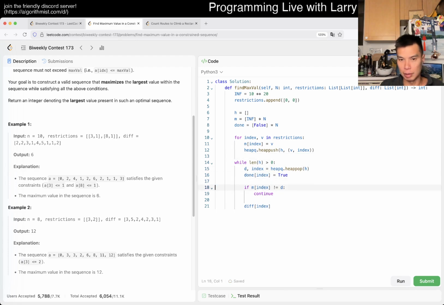I guess actually this is a bit more mature. This is just Q3. I'm not even doing Q4 yet. Okay, index plus 1.